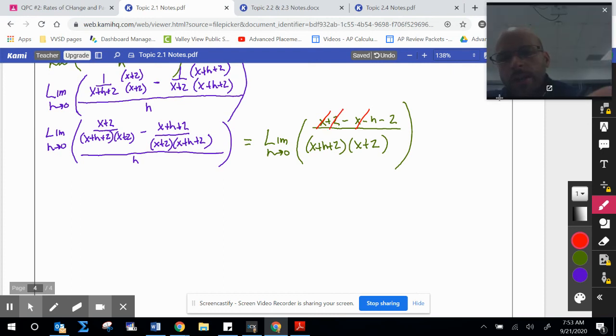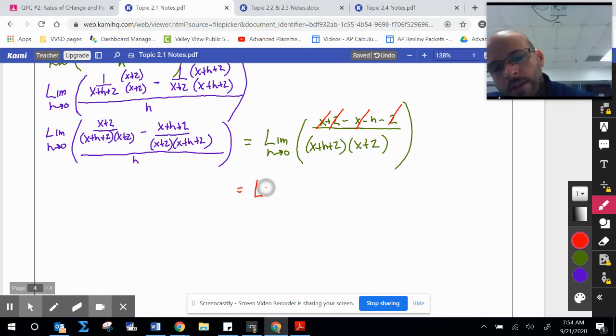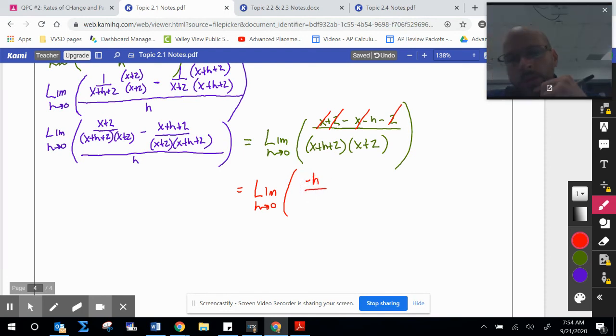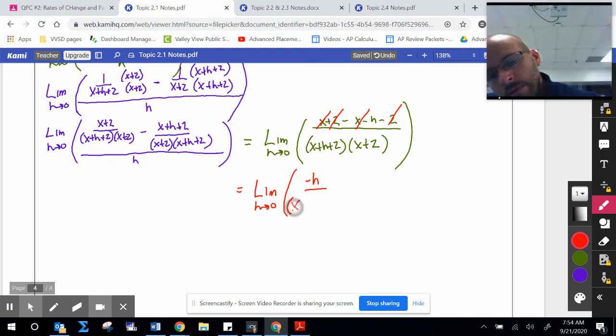X's go away, 2's go away. Now be very careful here because I now have the limit as h goes to 0 of a negative h on top. Don't lose that negative. It's a minus h, remember? So it's still negative over x plus h plus 2, x plus 2.